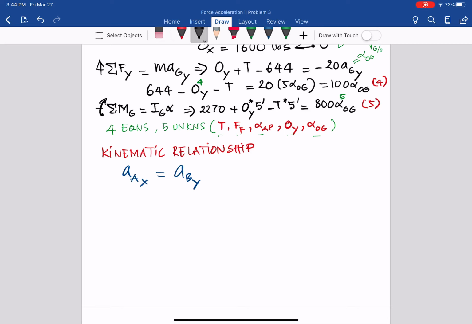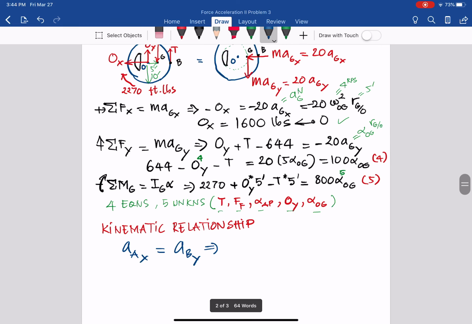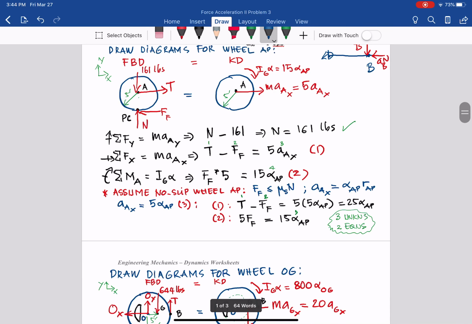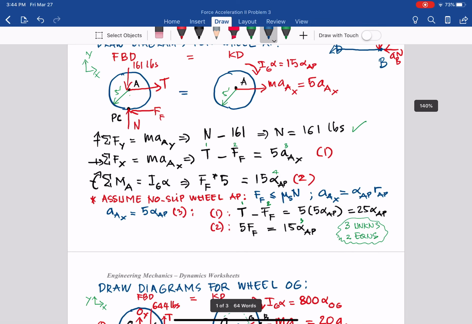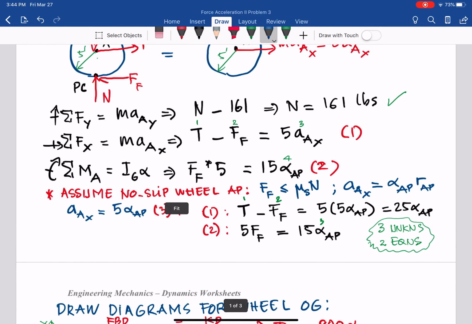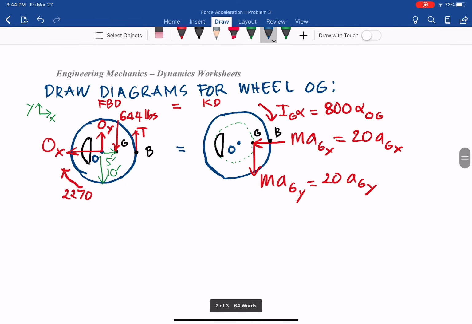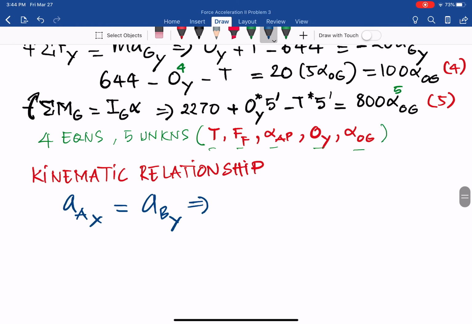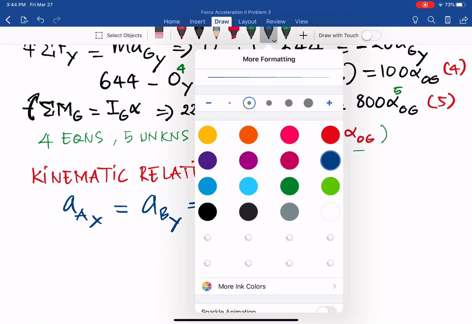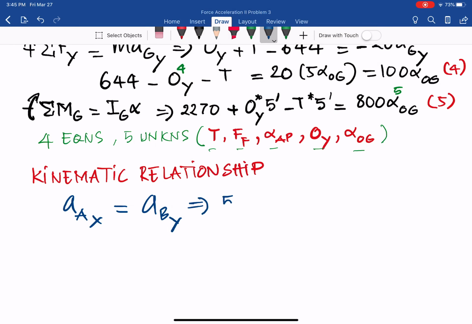And you can see AIX, for the wheel, because we assume it is a no slip wheel, is equal to 5 alpha AP. Equation number 3, right? So from that, we can have 5 alpha AP equal to ABY.